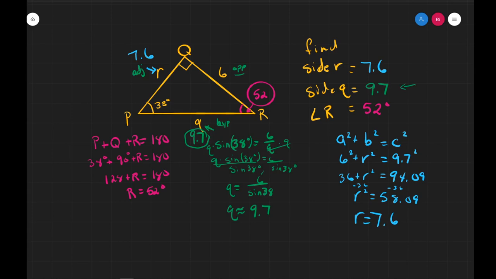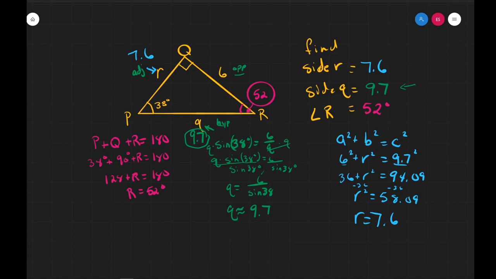Once I found side Q, now that I had two sides, I could use the Pythagorean theorem to find my third side. So I plug in, it started with a squared plus b squared equals c squared. Since 6 was a leg, 6 went in for a. Since Q was our hypotenuse, Q went in for c.